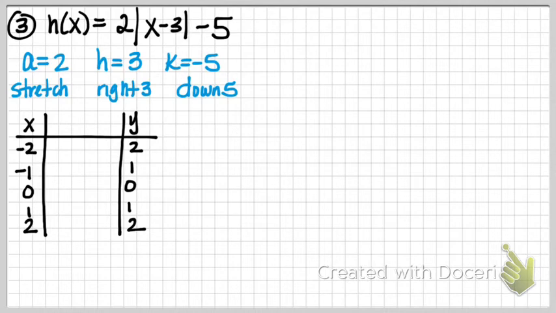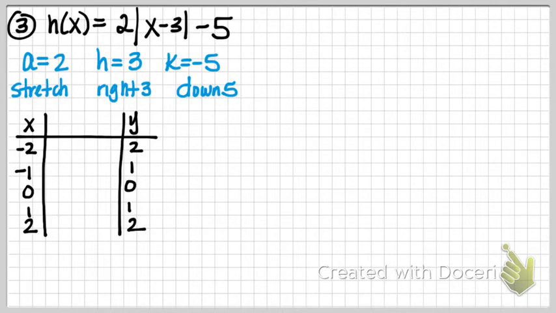A lot of students get, remembering from last year's test, a quadratic and an absolute value mixed up. They look similar, but they're not the same. So your parent table is different. When you square a number, that's called a parabola. It has a bend at the bottom. An absolute value looks like a letter V. It should be pointed at the bottom.